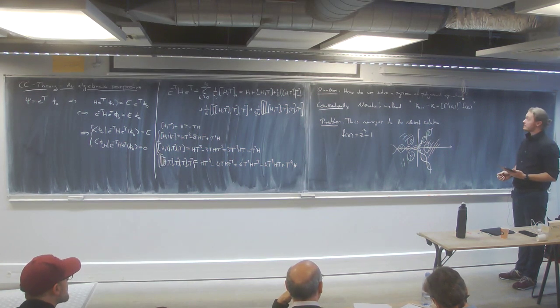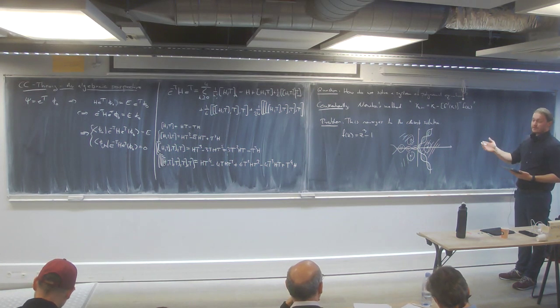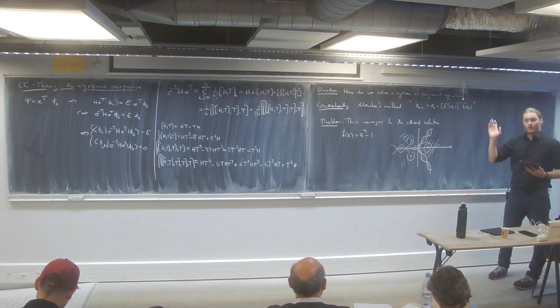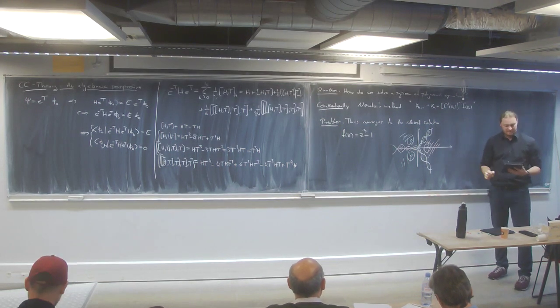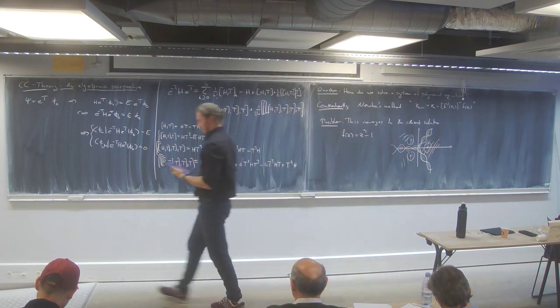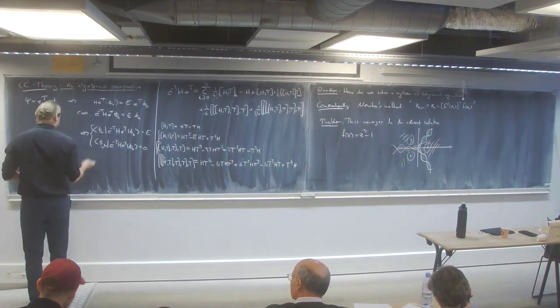So the question becomes, what does that mean for CC theory? As a chemist, you might just wave your hand and say, well, we're always close enough. But that's not entirely true, I would argue. So let's try to answer this question.